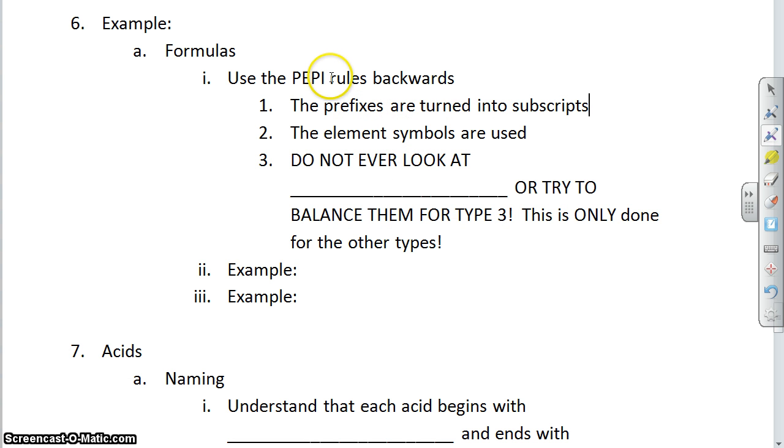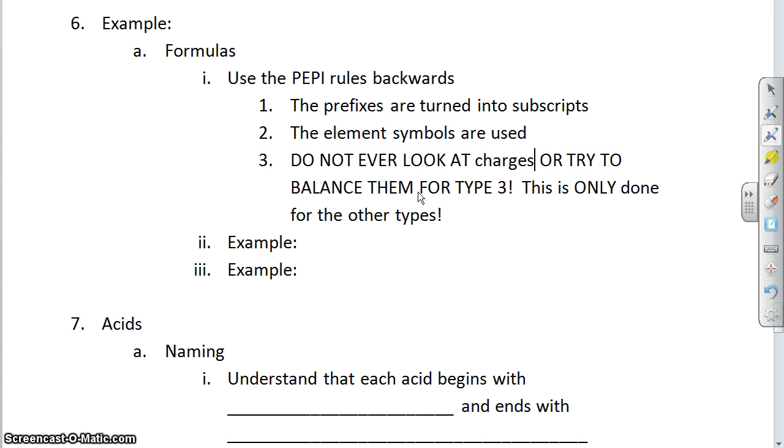Don't overthink it. Don't even look at any charges. Never look at a charge. Use the element symbols, and then, I just said this a second ago, you don't ever look at charges or try to balance them for type 3. This is only done for the other types. Type 3 is special. You don't have to know any charges at all to do a type 3.